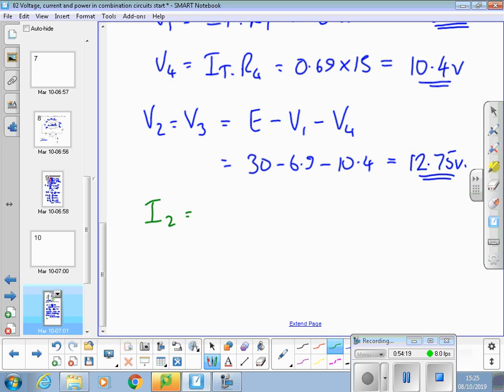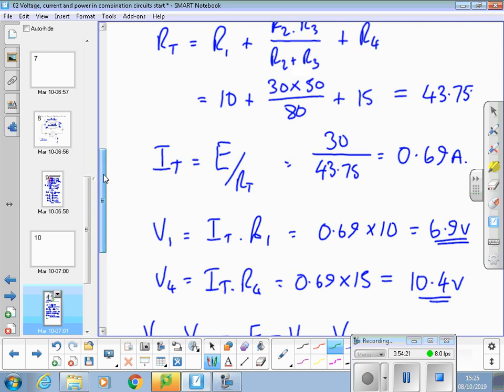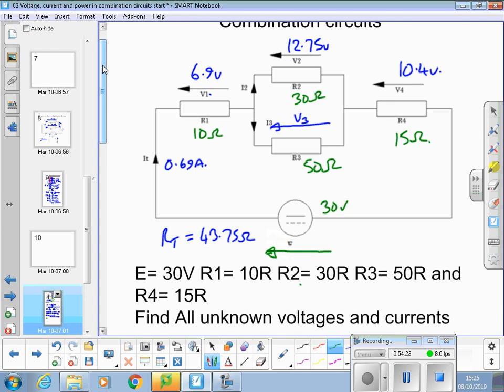You've got to isolate. Listen, guys, I want you all to listen carefully now. One of the most common mistakes calculating individual currents in a parallel part of an overall network involving parallel and series, so a combination circuit, is to try and calculate that current using the total voltage.